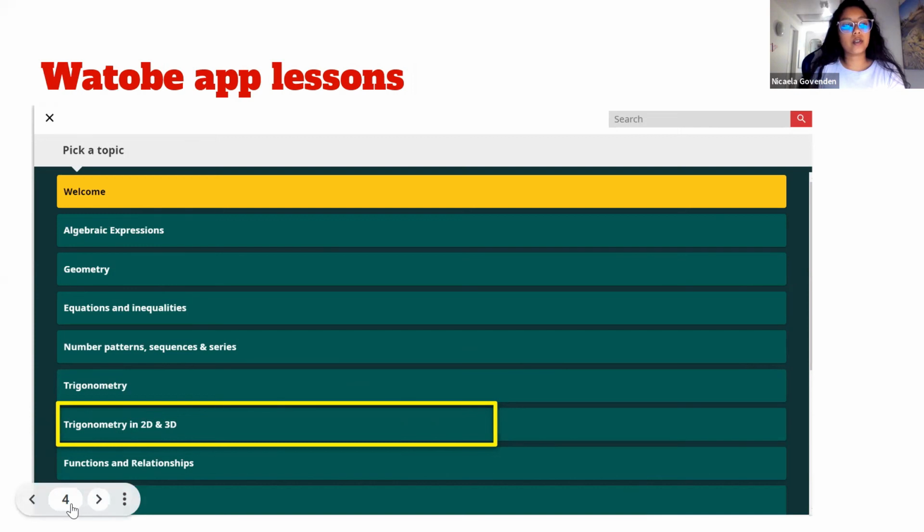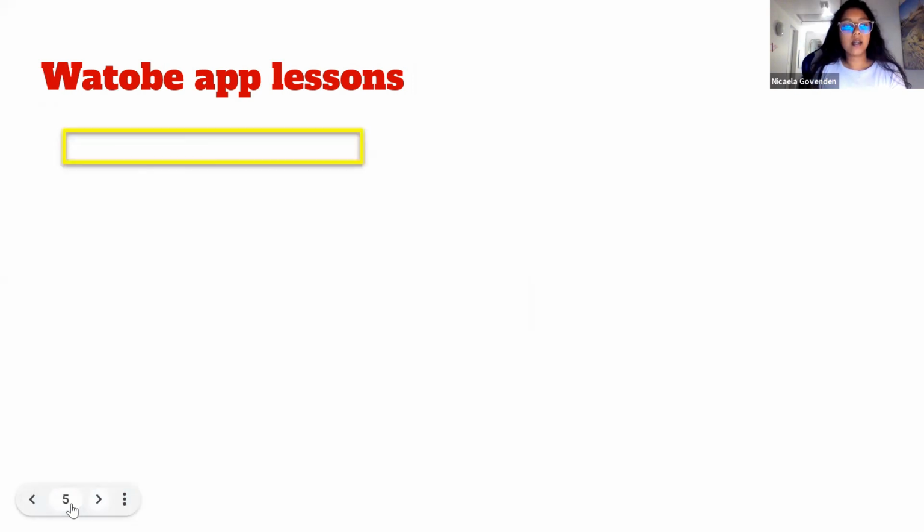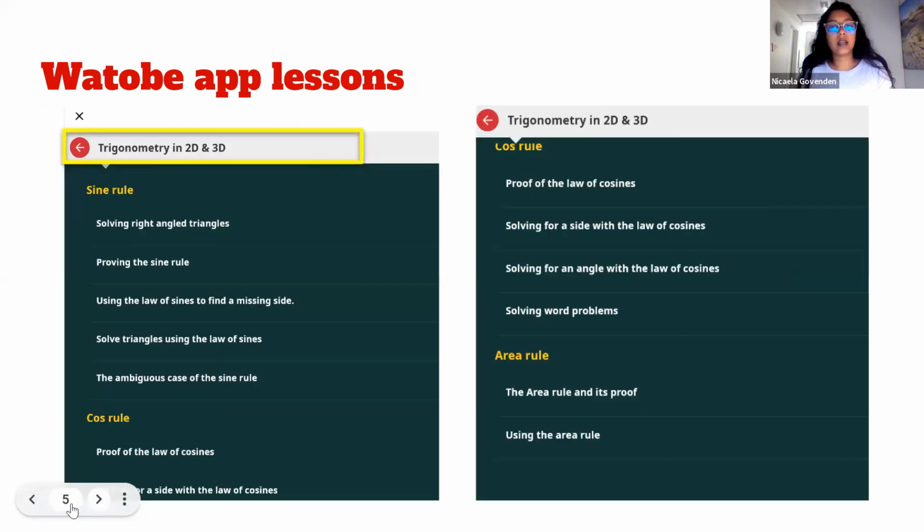Once you pick that topic, you will see that there are 3 sections under there, and you're going to have to practice basically everything in that section: sine rule, cos rule, and the area rule.